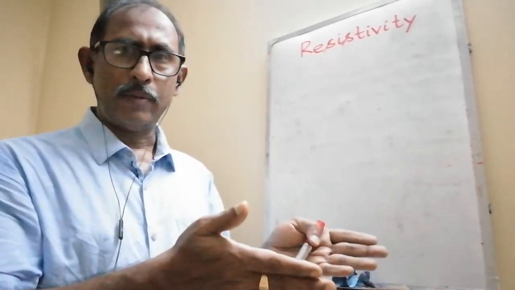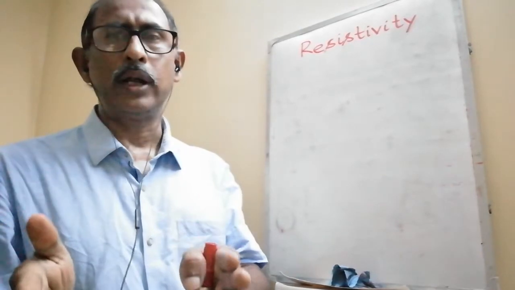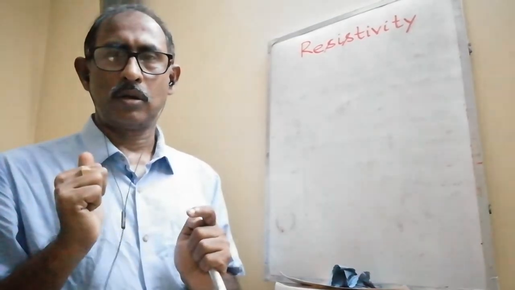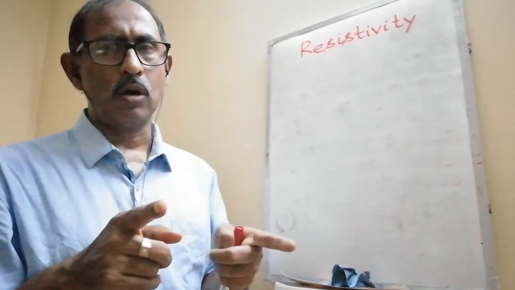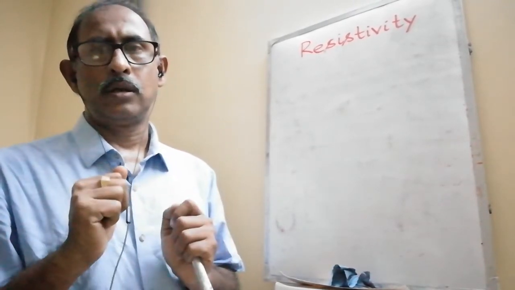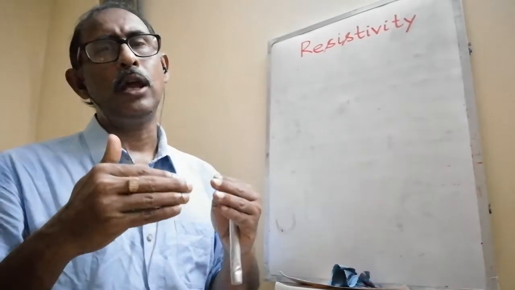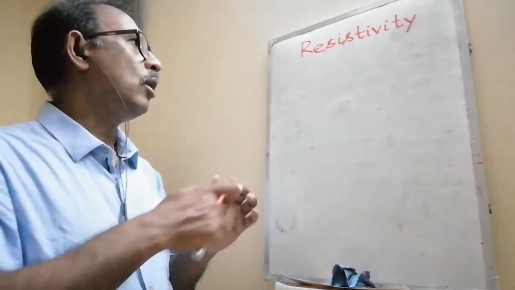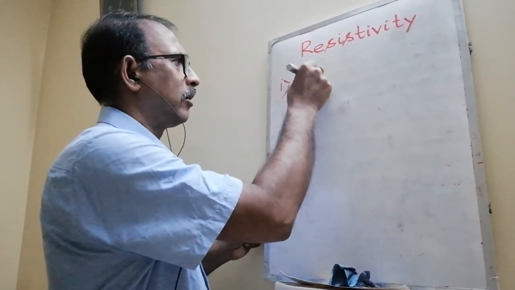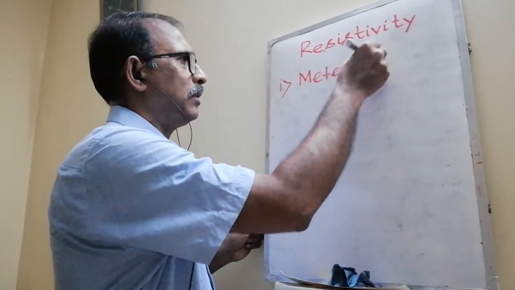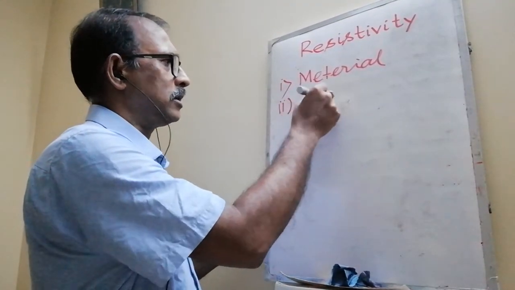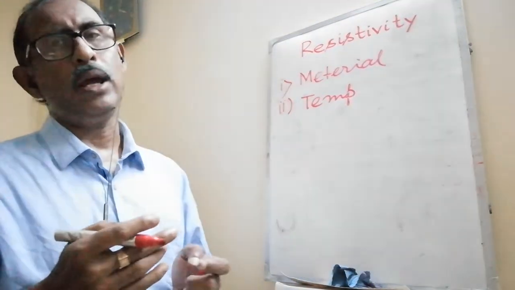If one conductor is made of copper and another of aluminium, the resistivity will be different. Second, the temperature. If the temperature changes, the resistivity also changes.